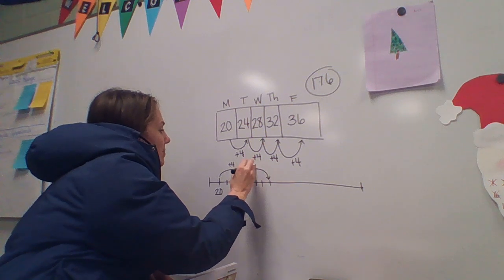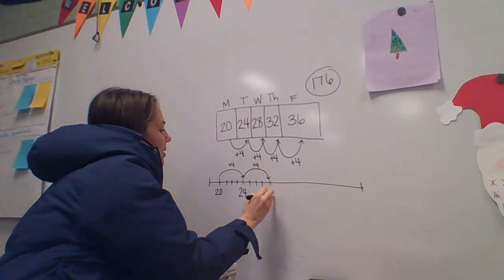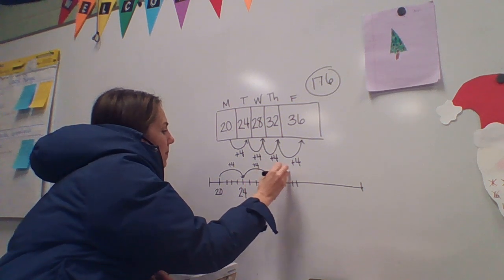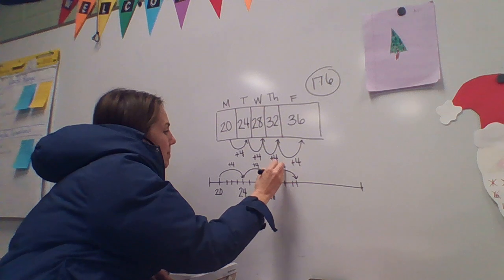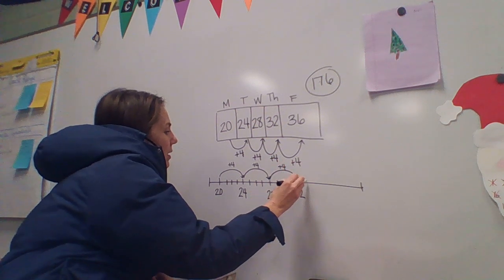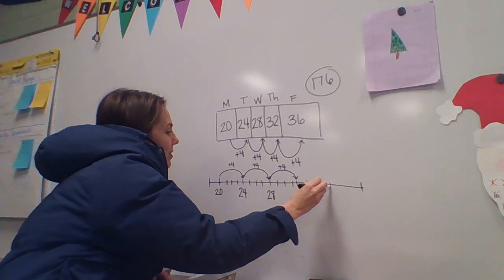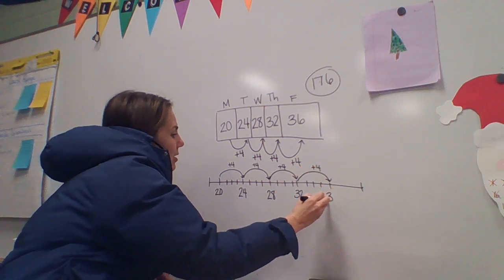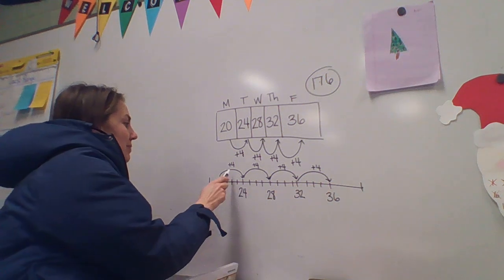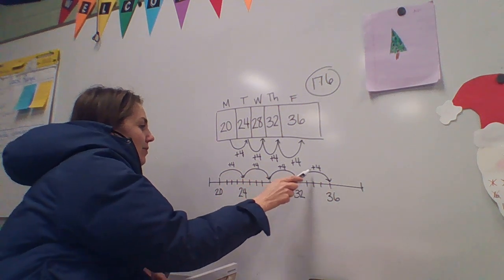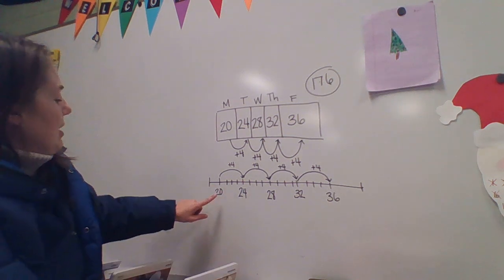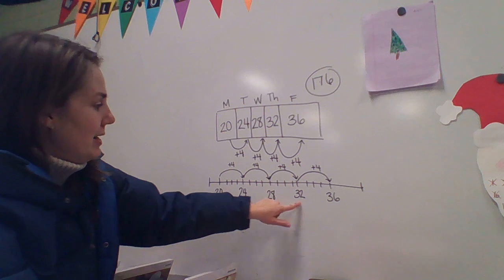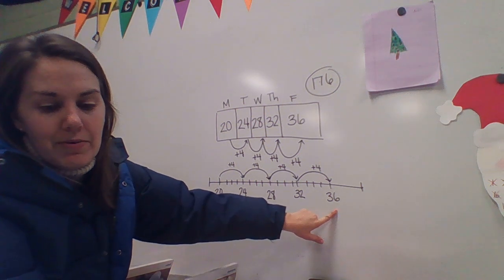Adding 4 more again, 29, 30, 31, 32. Adding 4 more again, 33, 34, 35, 36. One more hop is adding 4. And then if we count them up, we see that we have 1, 2, 3, 4. Oh wait, I'm sorry. We have 4 hops, but we have Monday, Tuesday, Wednesday, Thursday, Friday, 5 days down below.